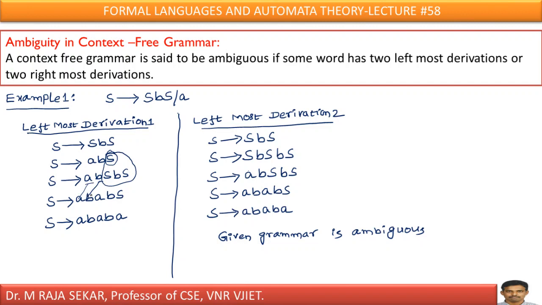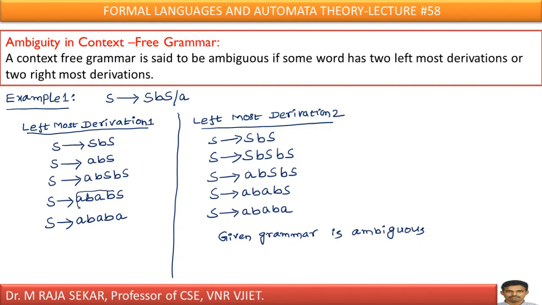Whereas in the place of S, I have two possibilities. Either I can write A or I can write SBS. Let me assume I am writing A. In the place of S, I am writing A. This BS I am copying as it is. Now, in the place of S, I am writing A.